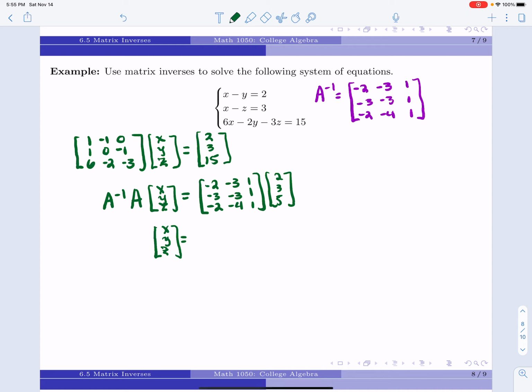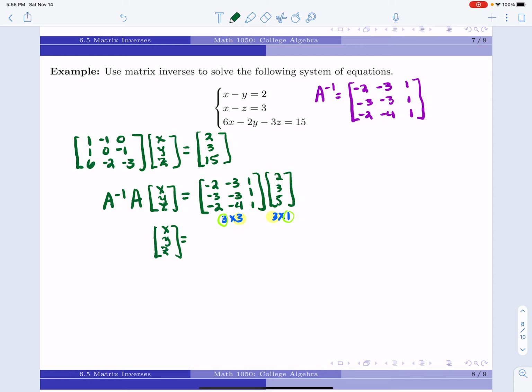Okay, so now once again, all we have to do is multiply two matrices. Let's check their dimensions. So we have a 3x3 matrix and a 3x1 matrix. The columns in the first matrix equals the rows in the second matrix. And the dimension of our new matrix will be a 3x1.